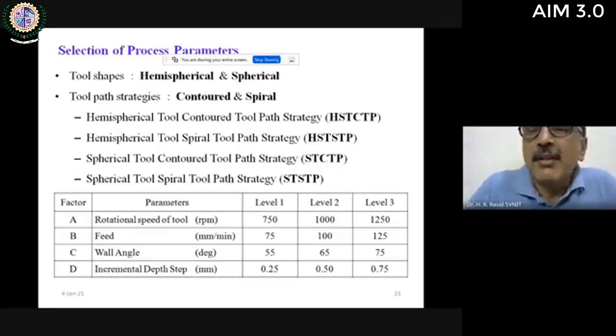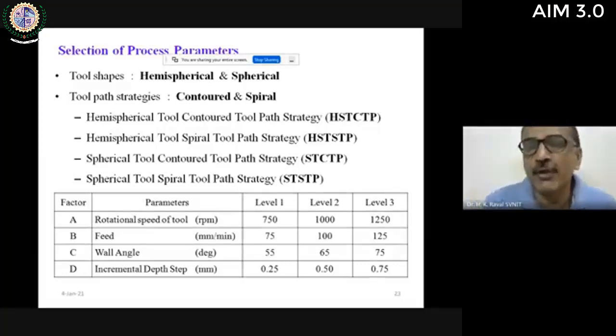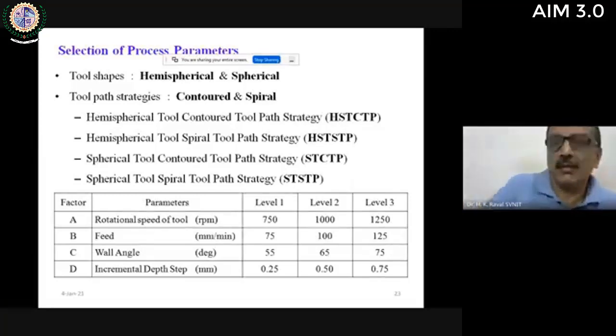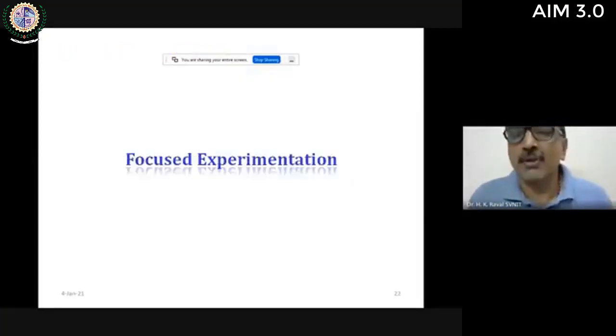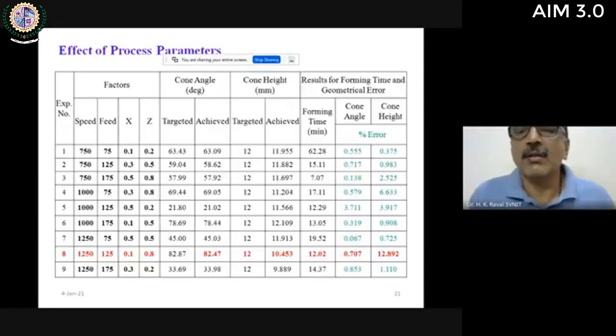These strategies are defined as a hemispherical tool, which is of hemispherical nature but moves on a contour tool path, meaning circular. Similarly, a hemispherical tool with a spiral tool path. Then a spherical tool with a contour tool path and a spherical tool with a spiral tool path. So these are 4 different strategies. Out of these 4 strategies, 3 were used for the comparisons, just to understand what works out to be best. So this is what results we got.